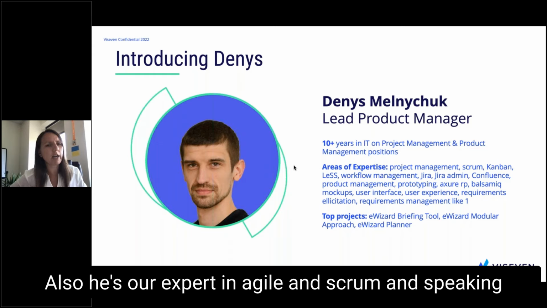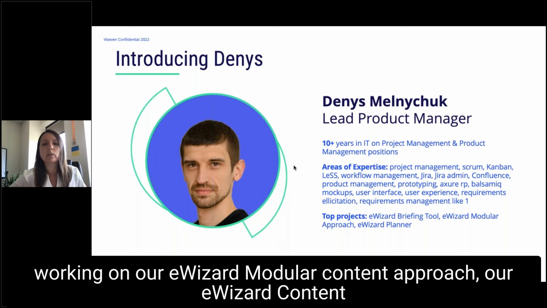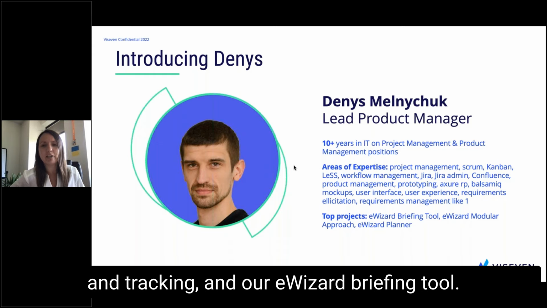Also, he's our expert in Agile and Scrum. And speaking about what great stuff he does at Viseven, he is working on our eWizard modular content approach, our eWizard content planner, which is actually very connected to data and tagging and tracking, and our eWizard briefing tool.